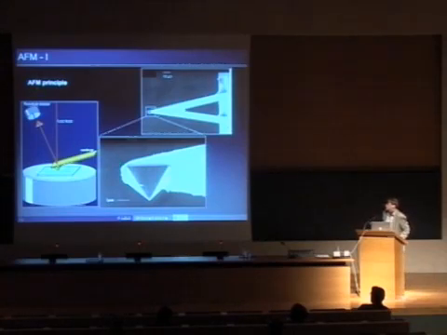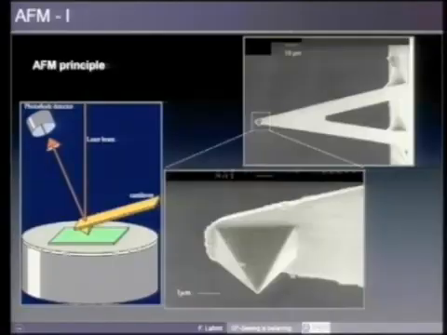So the principle of AFM is quite easy to understand. You are following the deflection of the cantilever using the laser beam here that you detect on the photodiode detector. So one first use of atomic force microscopy is to do imaging.